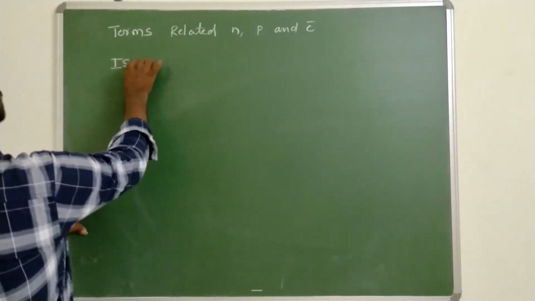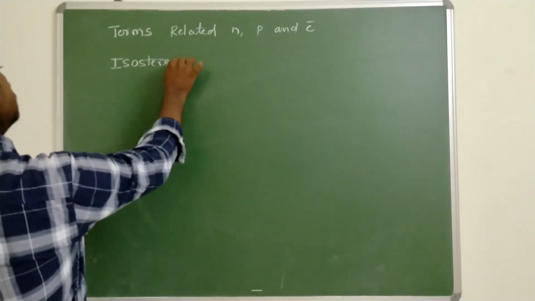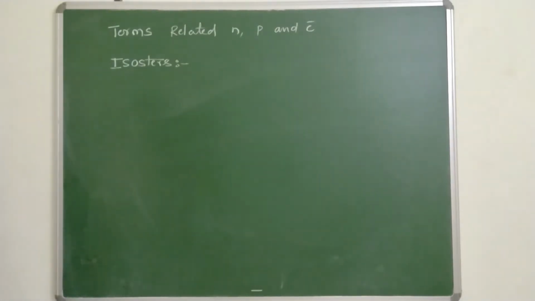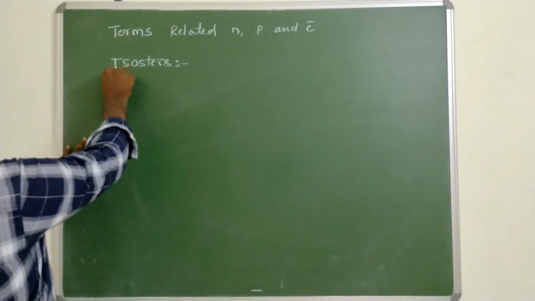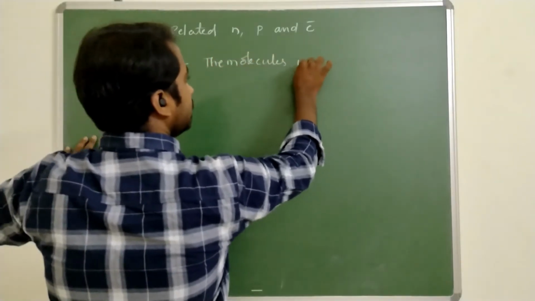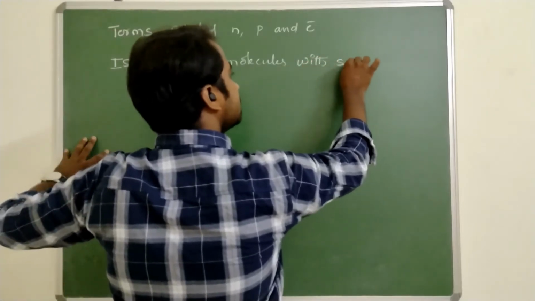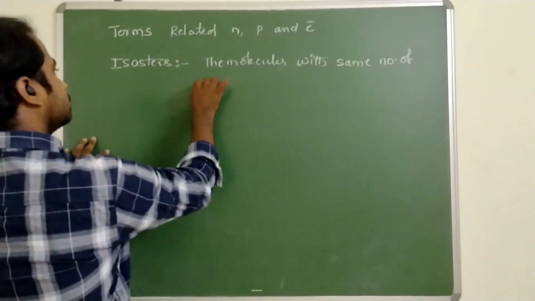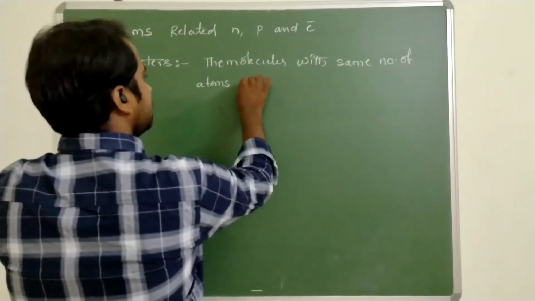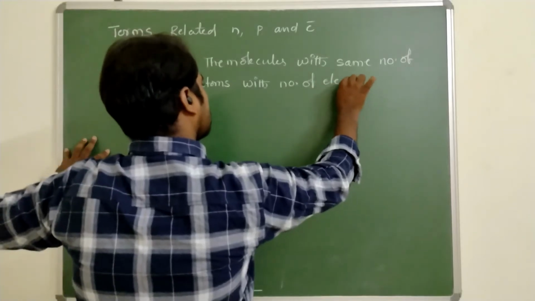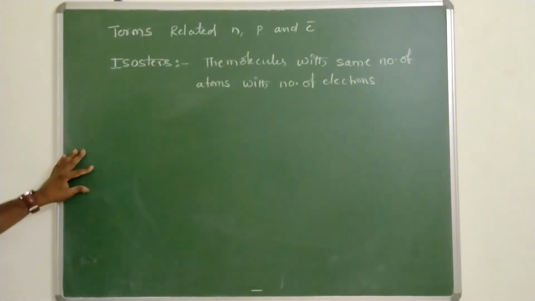Next term is isosters. Isosters are molecules with the same number of atoms and the same number of electrons.